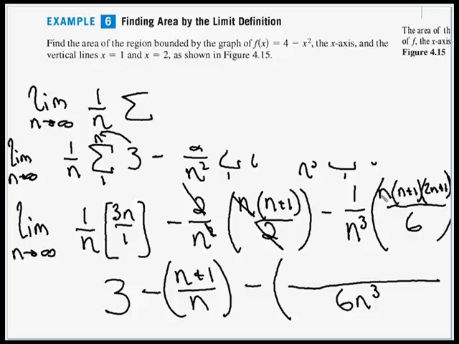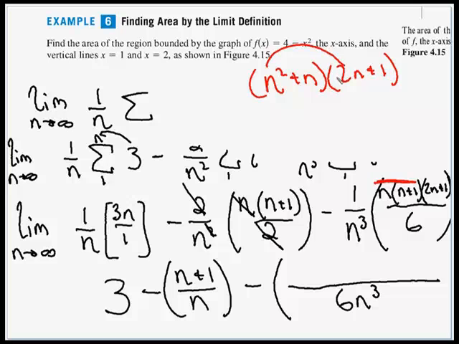Change to red. So our first two terms, if we multiply, we get n squared plus n times 2n plus 1. And if we FOIL this out, 2n times n squared is going to be 2n to the third, plus an n squared, plus another 2n squared, plus n times 1 is n.